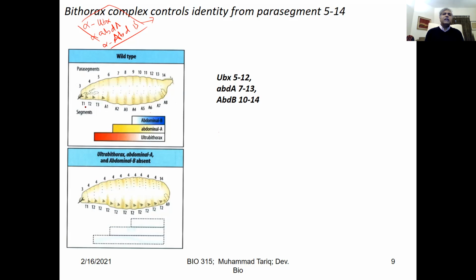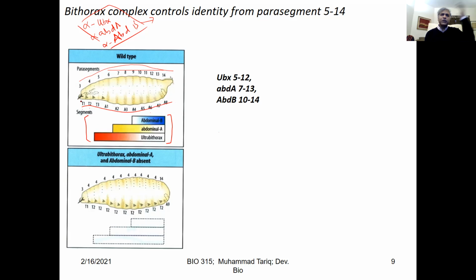So what they saw was that when we have intact ABDA, ABDB, and UBX, this is the wild type bithorax cluster. This is how the parasegments are present in the larva, and these are the segments: T1, T2, T3.